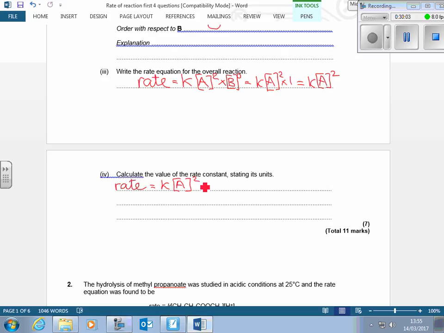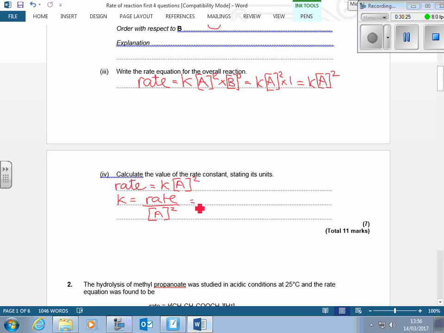It doesn't matter. I'm always tempted to take the one on the first row. So if you rearrange that, then K is rate divided by concentration of A to the power 2.